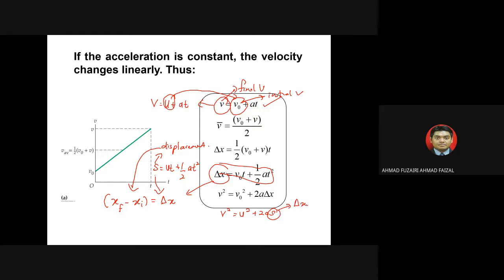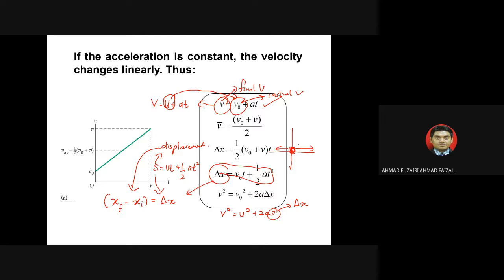All of these equations are based on the understanding that all motion is in the x direction, either positive or negative, moving left to right. If you have a Cartesian coordinate and this is your object, the object moves to the right or to the left.